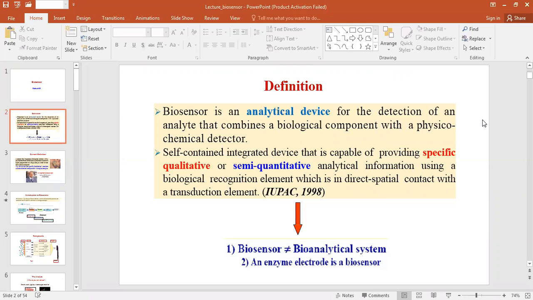Biosensor is actually an analytical tool, an analytical device that can be used for the detection of an analyte that combines a biological component with a physicochemical detector.